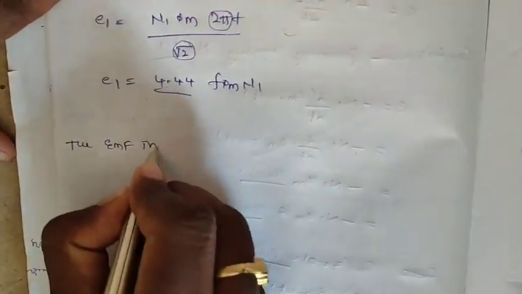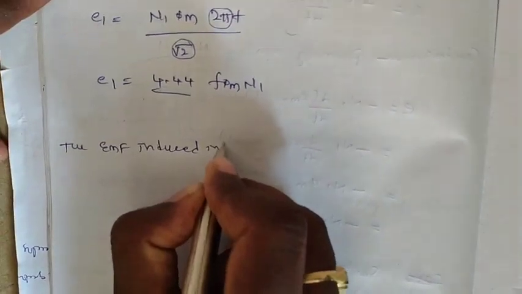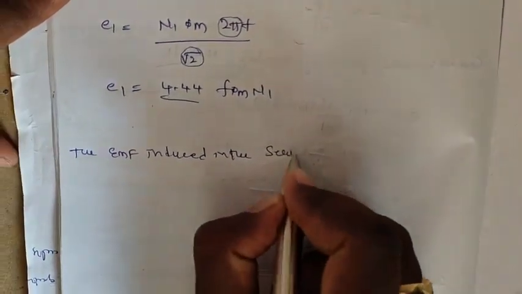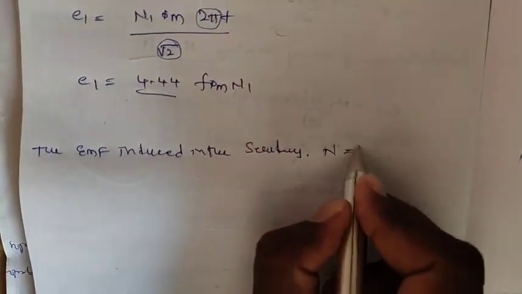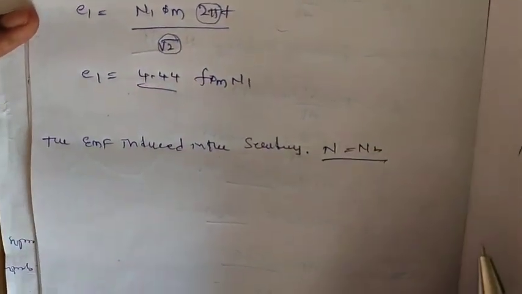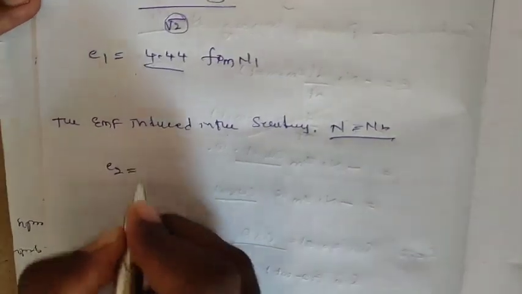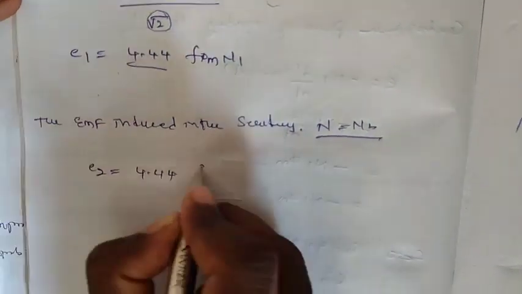The EMF induced in the secondary, where N equals N2, is E2 equals 4.44 f Φm N2.